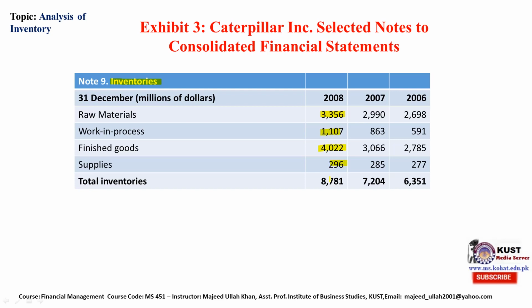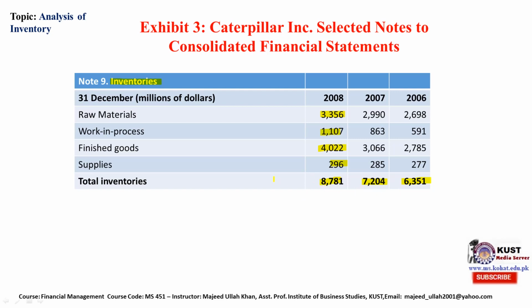The total inventory is 8,781 in 2008, 7,204 in 2007, and 6,351 in 2006. This is the inventory amount. These are the basis for our calculation in this question.